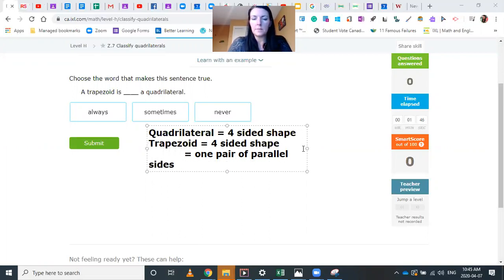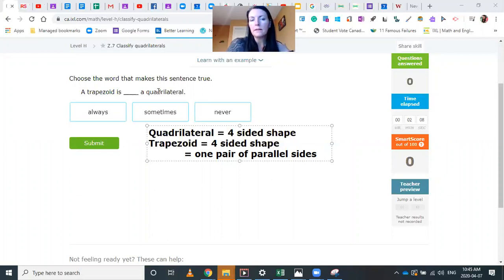We did this a little bit yesterday with our trapezoid. One pair of parallel sides. A quadrilateral is a four-sided shape. Any of the sides, they don't have to be parallel, it just has to be four sides. So let's look back at the question. A trapezoid is a quadrilateral.